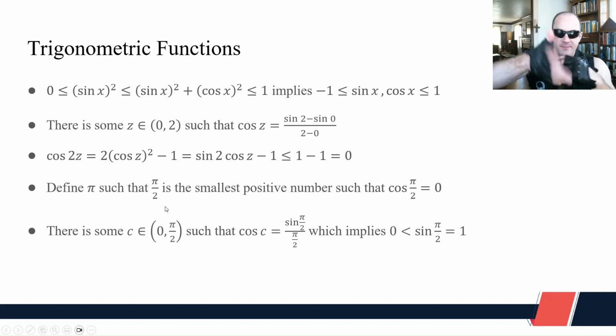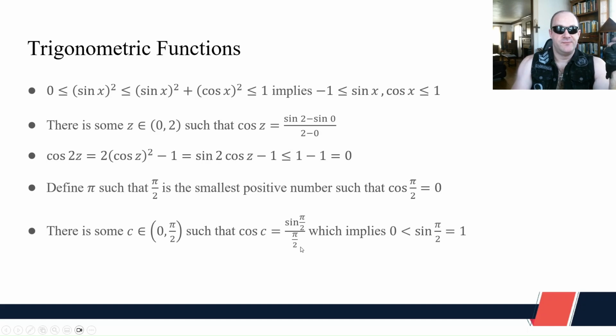And there's some c in there such that the derivative of sine, which is cosine, evaluated at c, is equal to sine of pi over 2 divided by pi over 2. So now we're in good shape because we've got our sine of pi over 2 here. And that's apparently equal to cosine c times pi over 2.